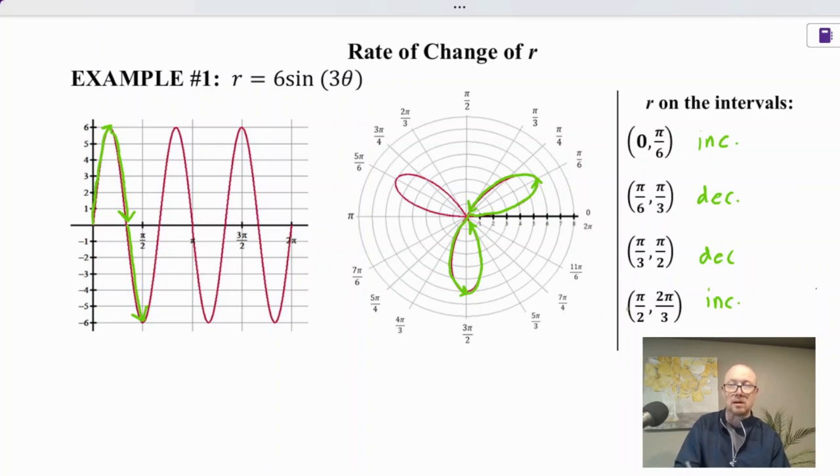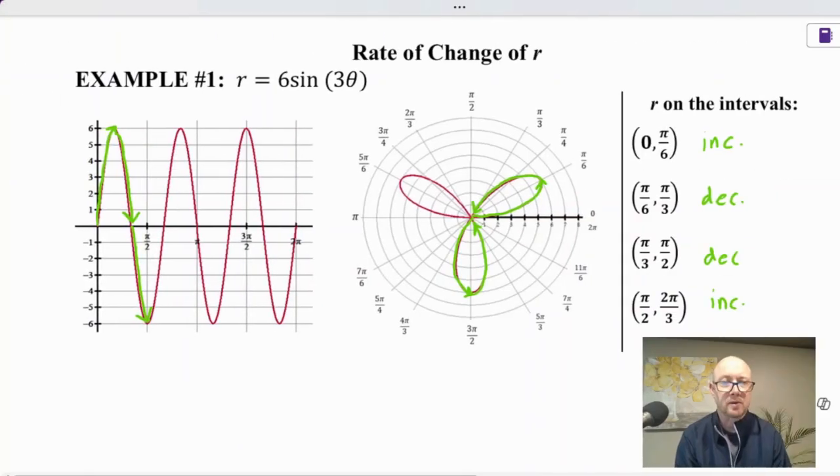All right, so let's take a look at how we can make some determinations using this information. Okay, so here's how you determine what's happening between the function and the distance to the pole. So for example, from 0 to pi over 6, we determined that r was increasing. We saw that the function's going up.